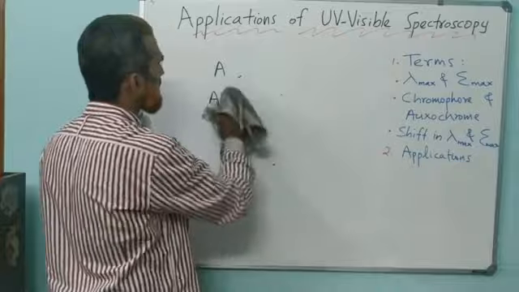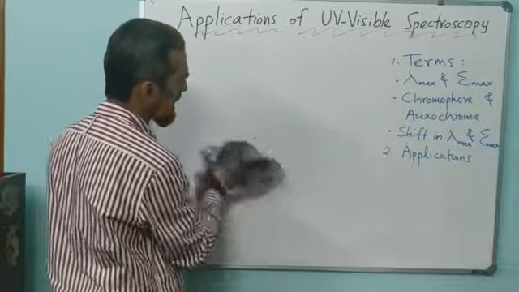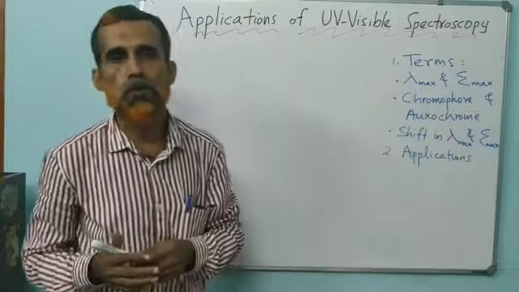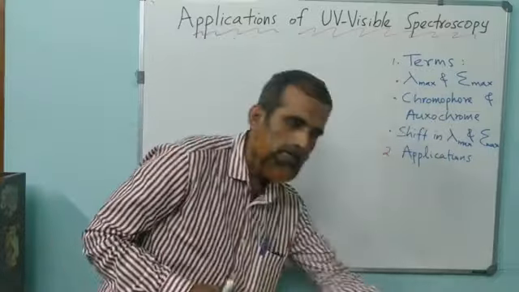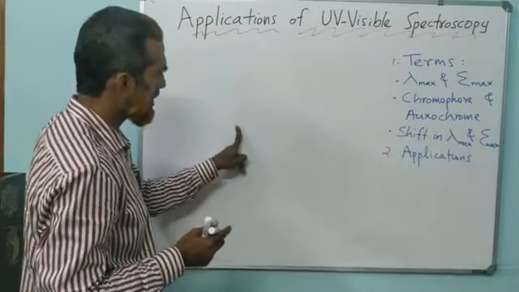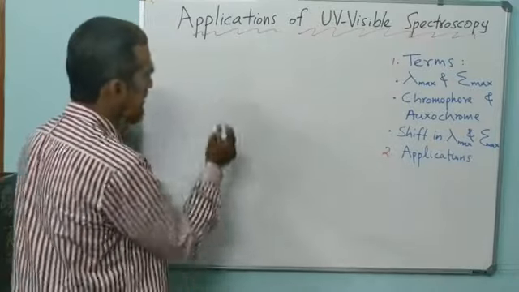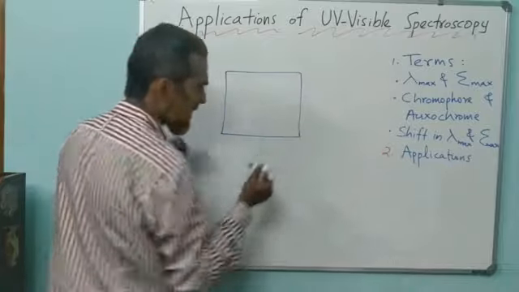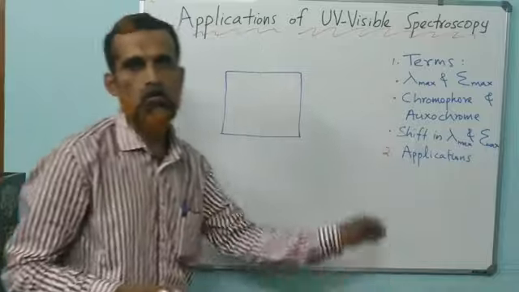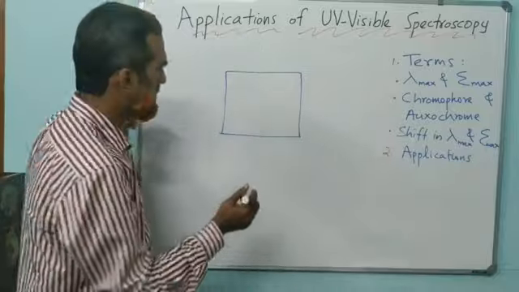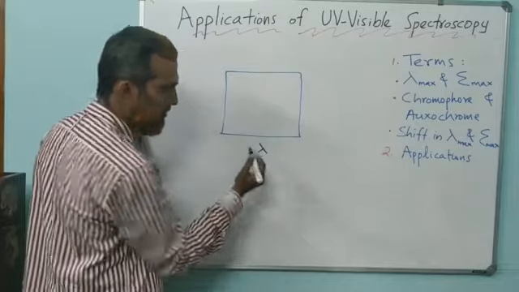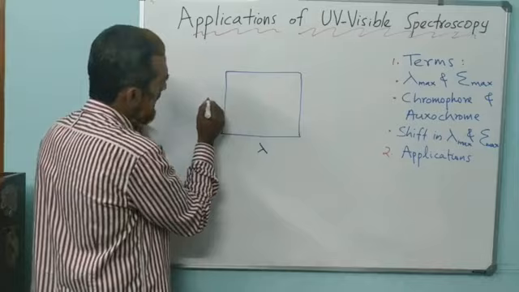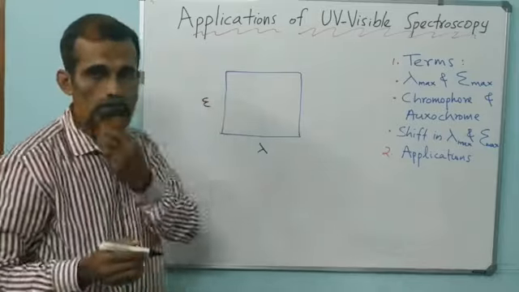starting with the first two, that is, what is lambda max and epsilon max. See, when we look at the electronic spectra of a molecule, it looks like this. Generally, electronic spectra or UV visible spectrum is plotted between wavelength lambda against intensity or absorbance or intensity in terms of epsilon, right?